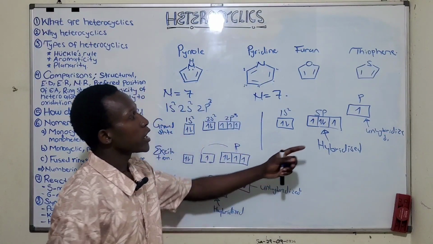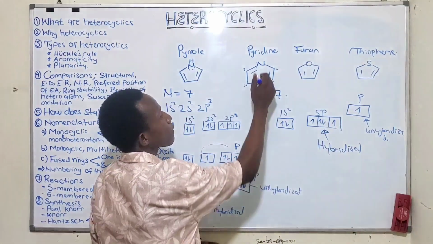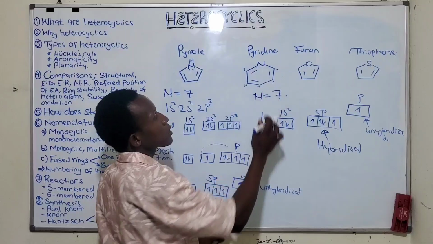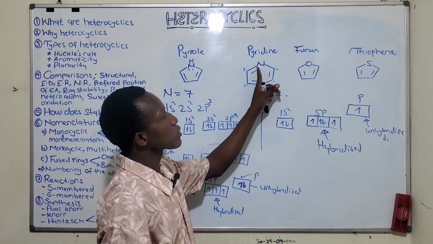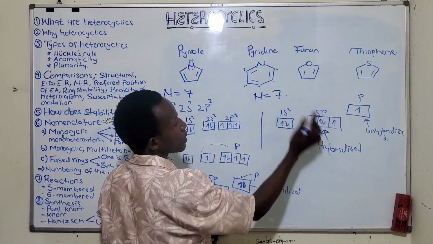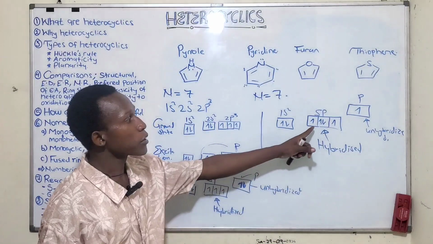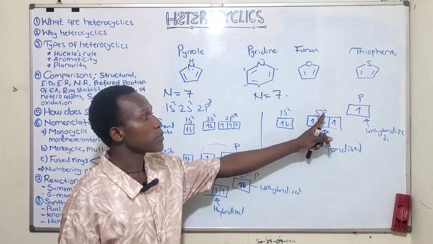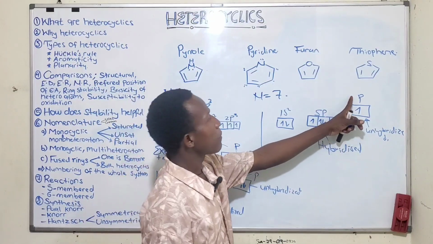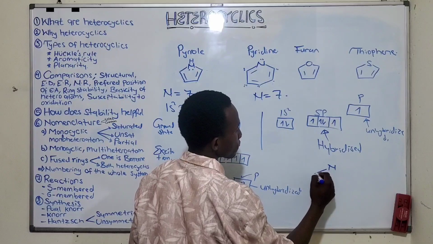So nitrogen will contribute only 1 electron, and this electron is the one which contributes to the resonance. The lone pair will be outside because it doesn't participate in resonance. They are sp.